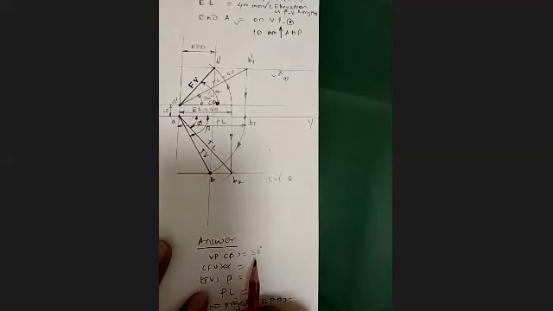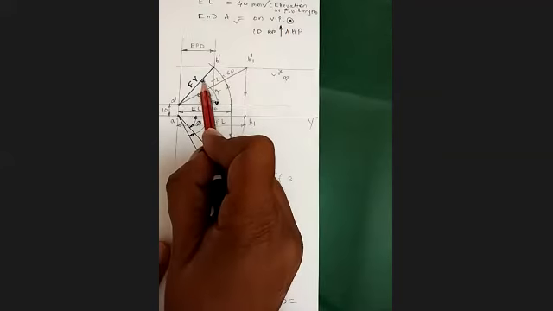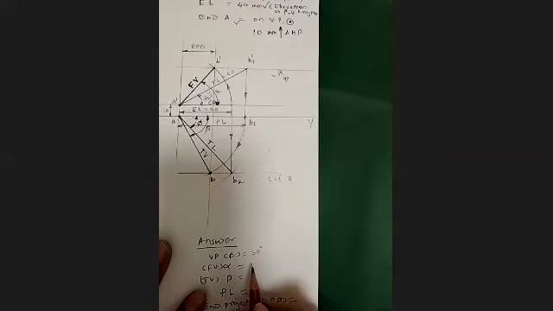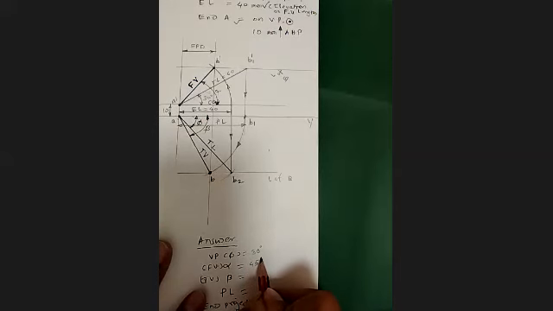See, then what about the alpha? This angle, TV? Angle with front view. 45. Say 45. Then what about the beta?